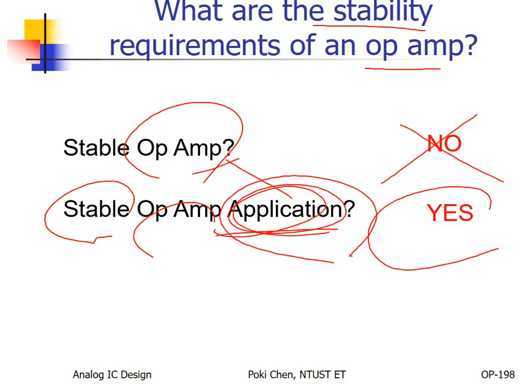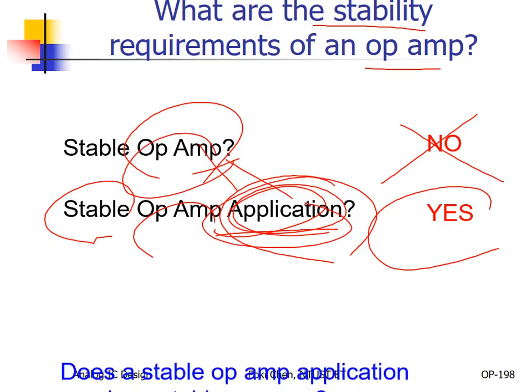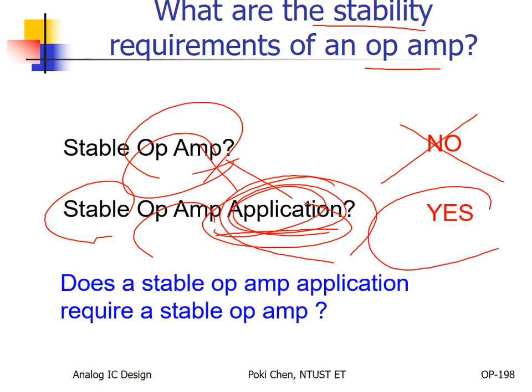No. But you will be curious, how about in practice? Because usually people teach you, you need a stable op-amp to get a stable application. I will show you some good examples to wash your brains.